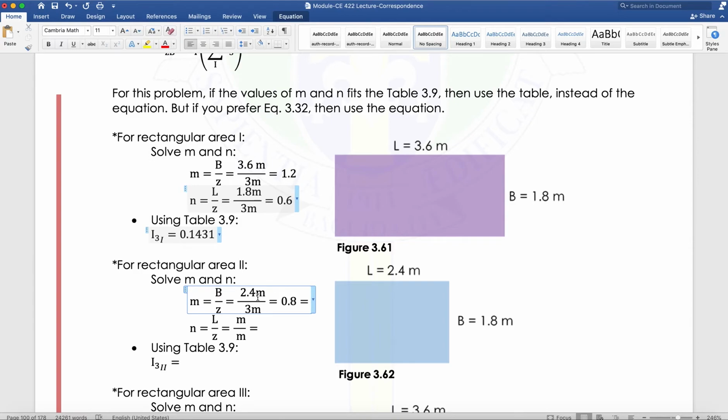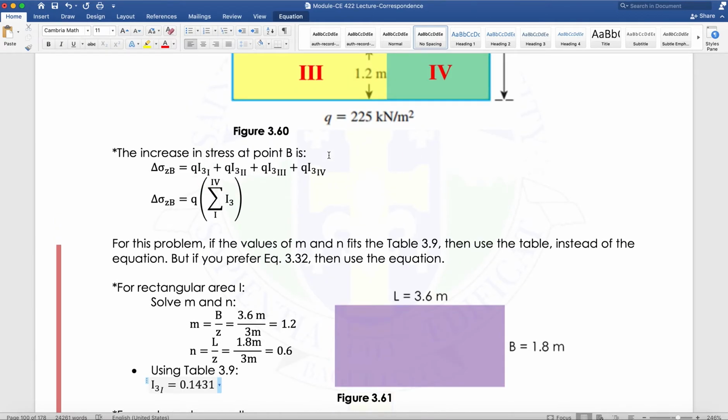Next, we have here L. Sige, napagbaliktad natin. Actually, katulad ng sabi ko sa inyo, kahit pagbaliktarin natin, it will still generate us the same answer. So, what if, kunyari, instead of B, 1.8, 0.6 at saka 1.2.